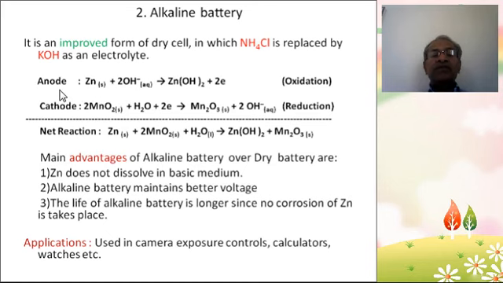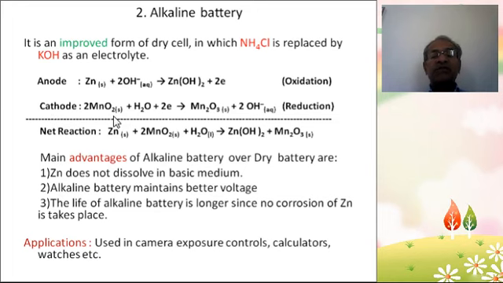The anodic reaction which occurs in the alkaline battery is like this: zinc reacts with the OH minus ions to form zinc hydroxide and liberates electrons. At the cathode, what happens here?